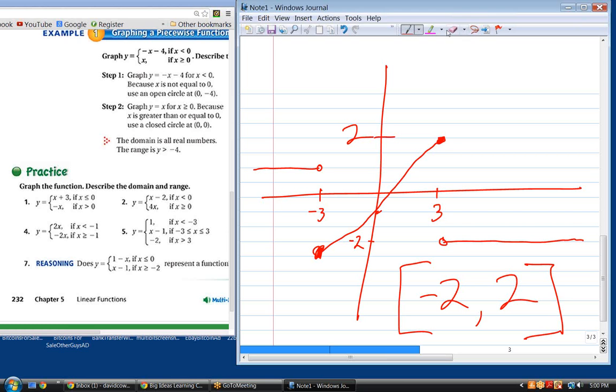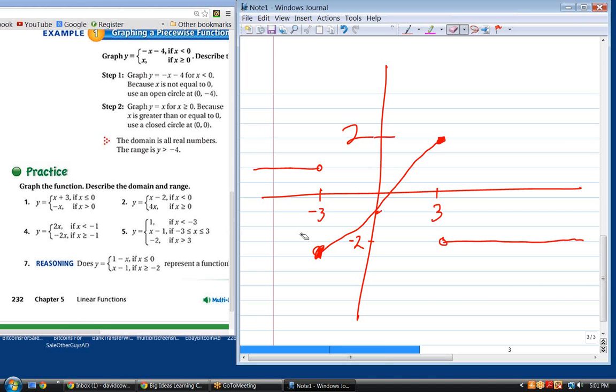It's parentheses only if it's just a greater than or less than sign. Okay? One last thing before we leave. This function, do you know what continuous or not means? A continuous function is one that you can draw without picking up your pencil. Can I draw this? I could not draw this without picking up my pencil.